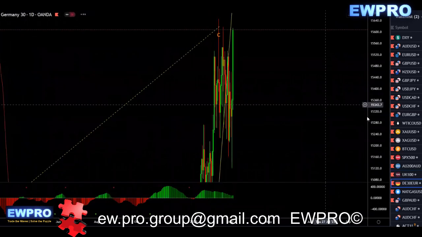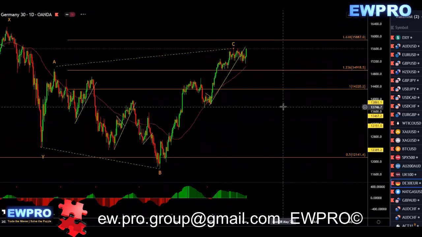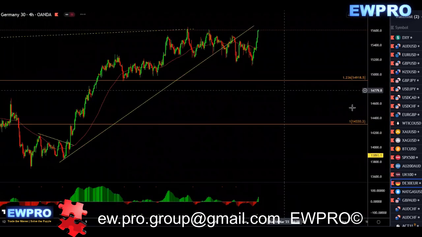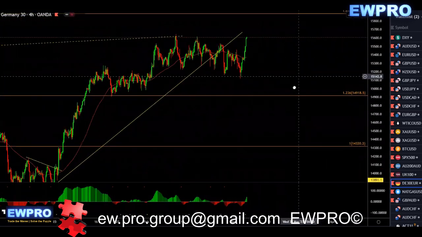Looking at the DAX, we're looking at that A, B, C. As you can see, it's still looking bullish. But we got all this bearish divergence. I wouldn't be buying up here, unless you're scalping on the lower time frames.